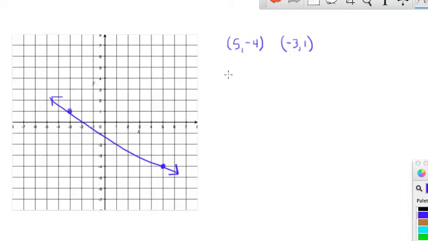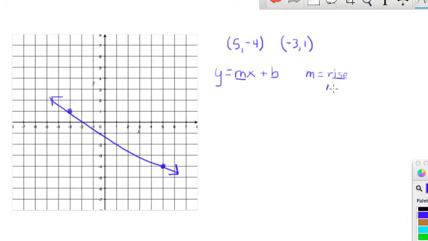Okay, now I am going to use the form y equals mx plus b. And I'm going to start by finding the m number, or the slope. I know that the slope is the rise over the run.